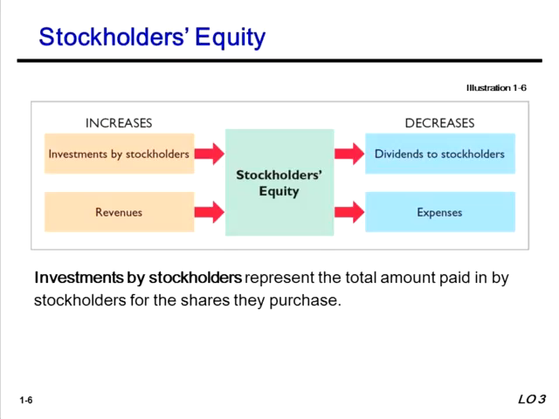If we take the difference between the revenues and expenses, we'll either have a net income or a net loss. And that's something we're going to get into a little later. But the effect of revenues and expenses would be shown in retained earnings, which we've already said is part of stockholders' equity. Then dividends represent, usually cash, distributions of a portion of the earnings to the shareholders.